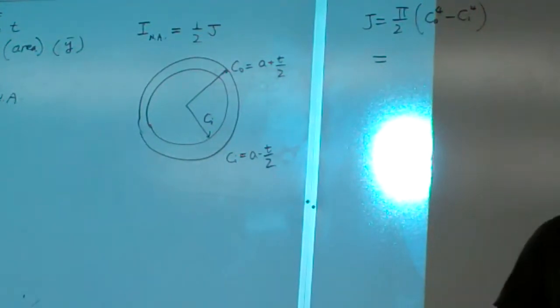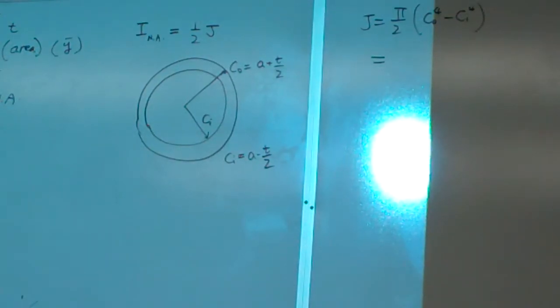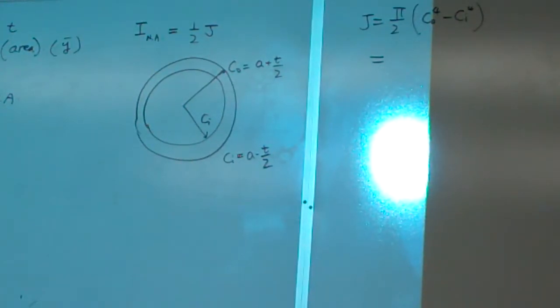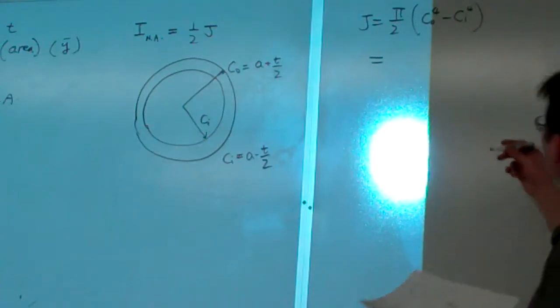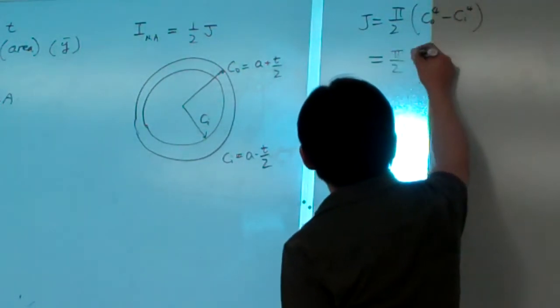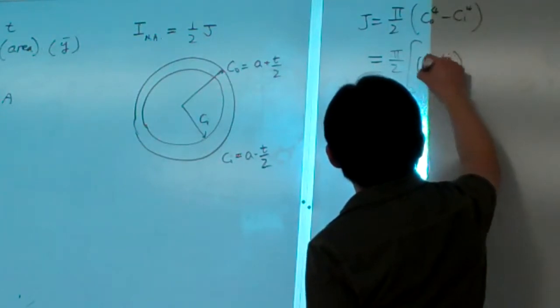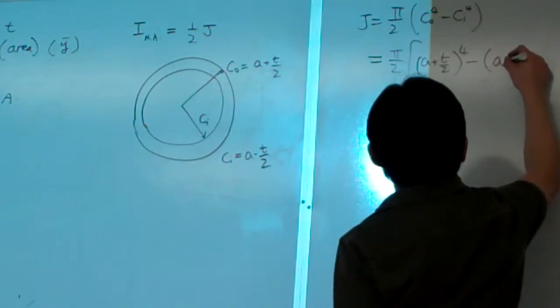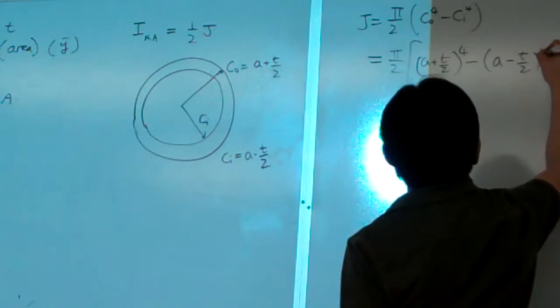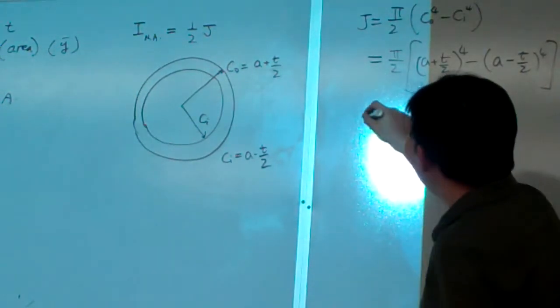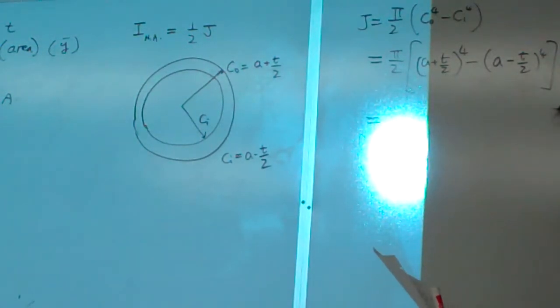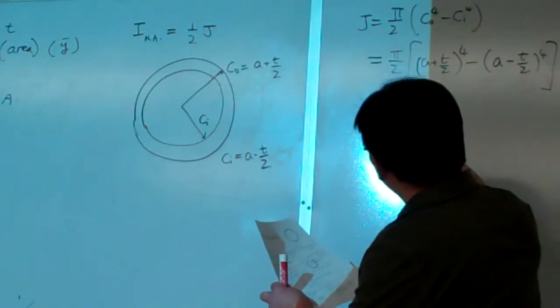Okay, so that one, I have calculations here. That is pi over 2 times (a plus t over 2) to the fourth power minus (a minus t over 2) to the fourth power. If we do this correctly, this one will be equal to pi.